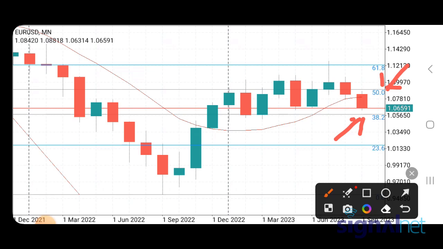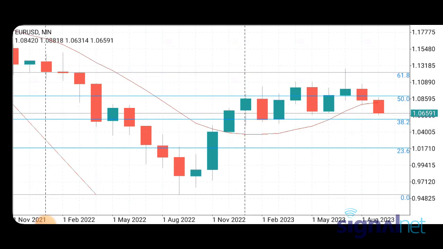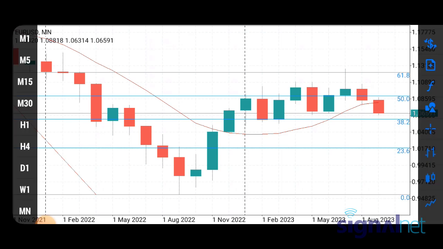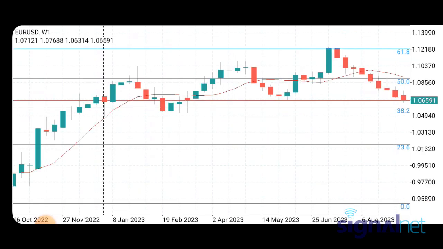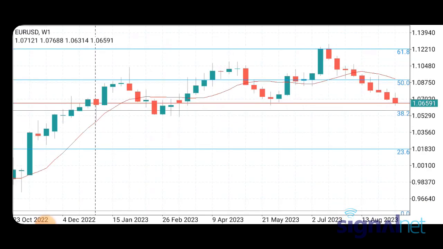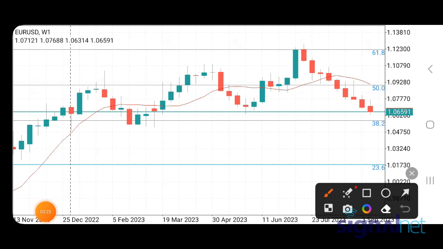So what happens now? Let me look at other time frames just to give us a perspective. Let me go to the weekly. In the weekly chart, let me zoom out a little bit. Right about at this point here, the weekly chart hit a support level last week on Euro USD, but it didn't bounce back.